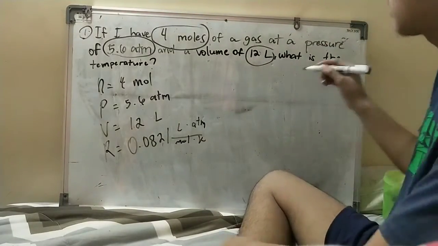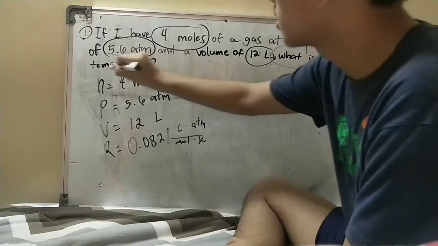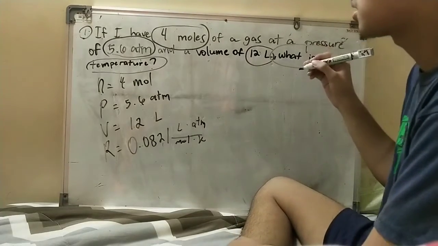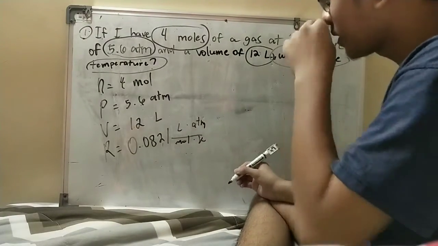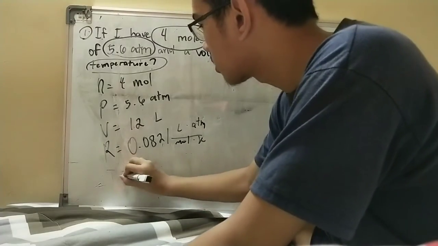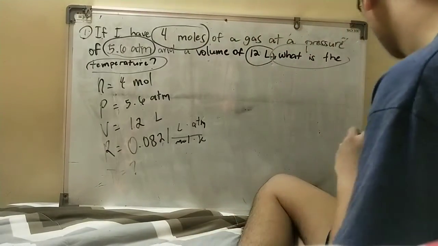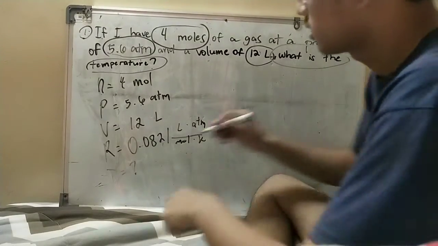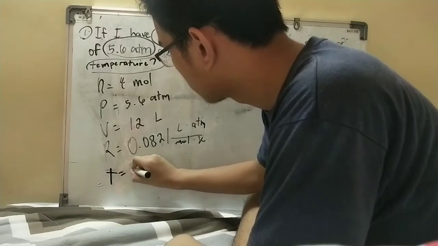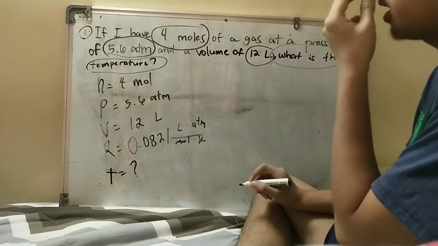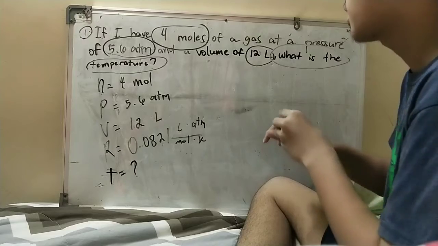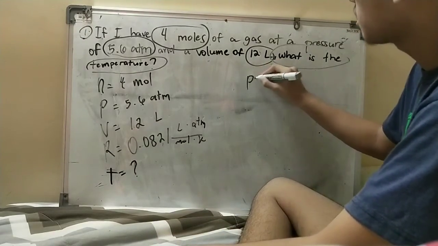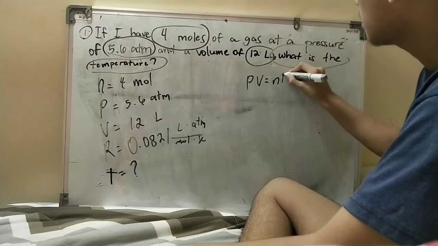Then, of course, what's missing? That is the temperature. So, we're gonna write T equals question mark because we haven't found the solution yet. Then, after that, we then write our equation in order to derive it. So, PV is equal to nRT.